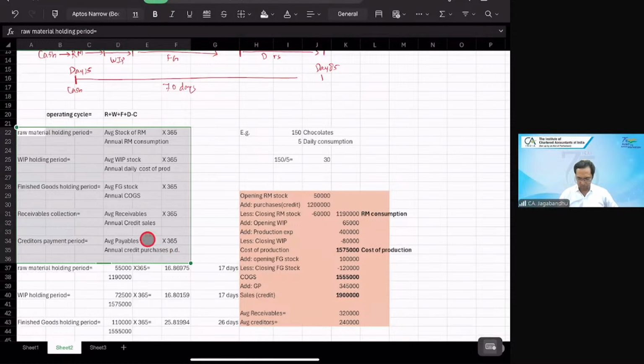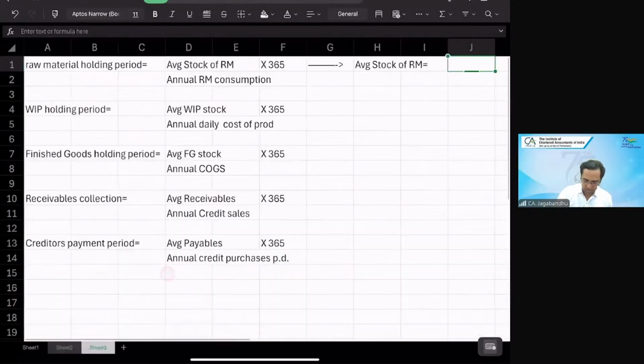Raw material holding period was stock of raw material upon the raw material consumption into 365. If I just rearrange this and I ask you, what should be the average stock of raw material? How do you calculate that?